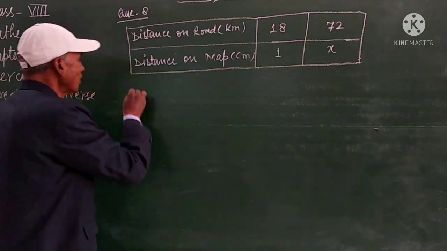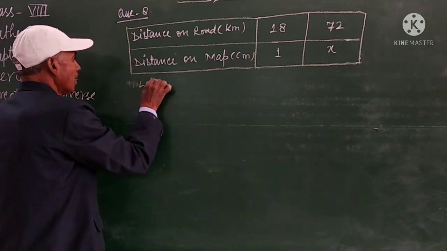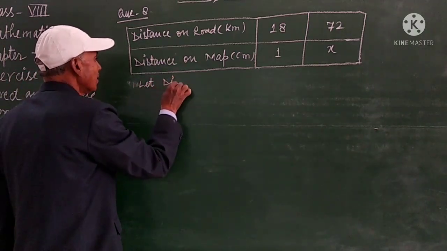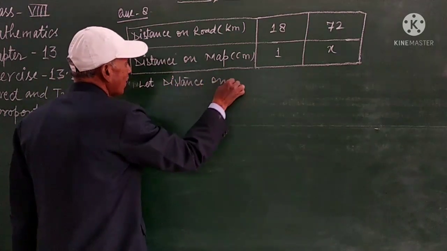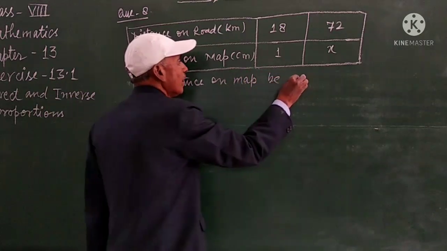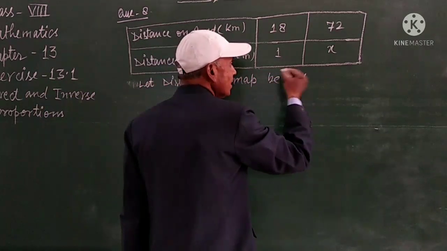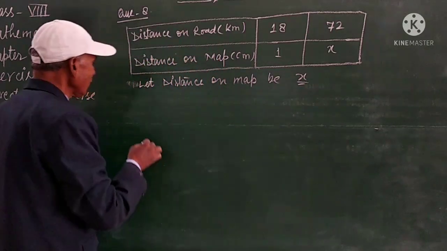Clear? So let the distance on map be x, this one in centimeter, student. Clear?